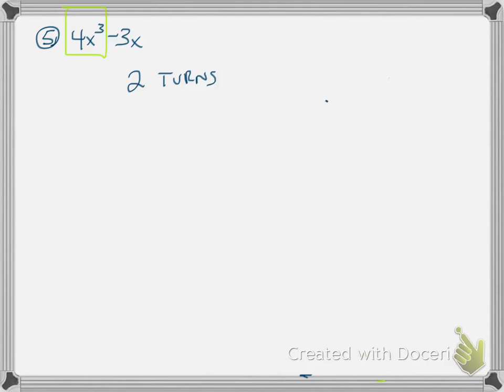And now to tell the end behavior. Since the degree, the n is 3, it's odd. I'm looking at my a, which is 4, is positive. That's what's important about that. So because it's odd, they're going in opposite directions, and the a is positive, so it's going in a positive direction, and it's going from down to up.